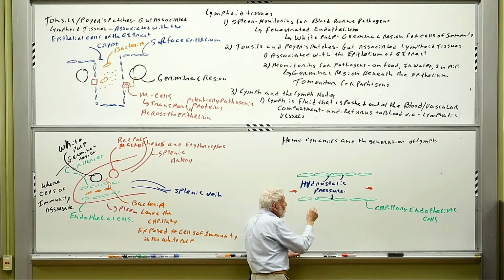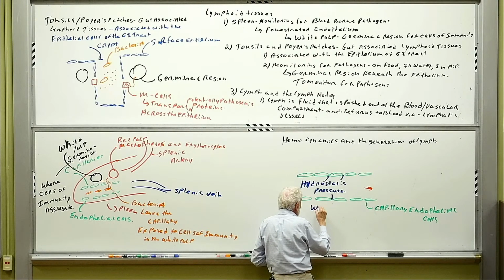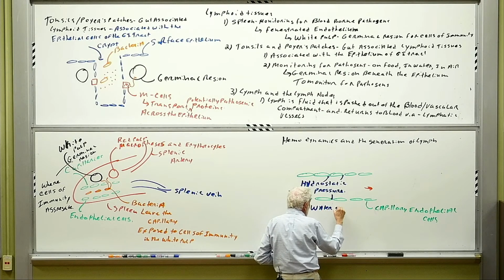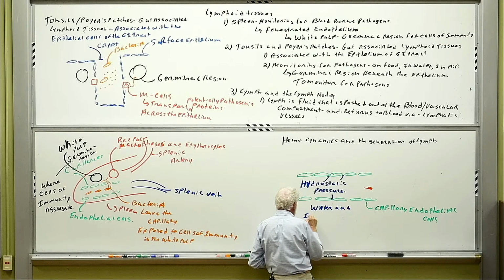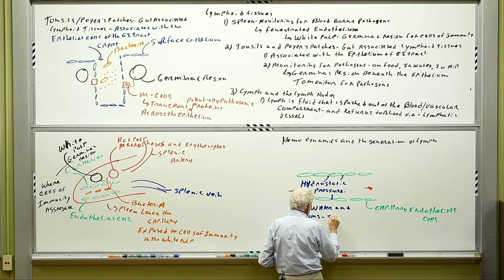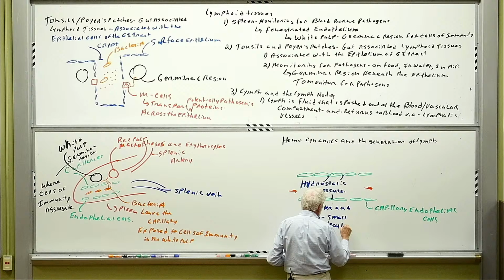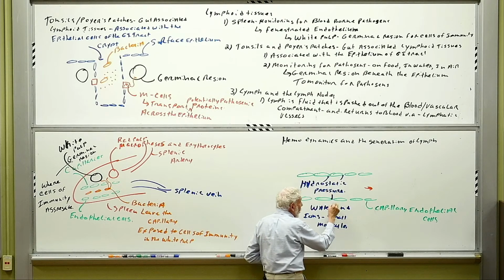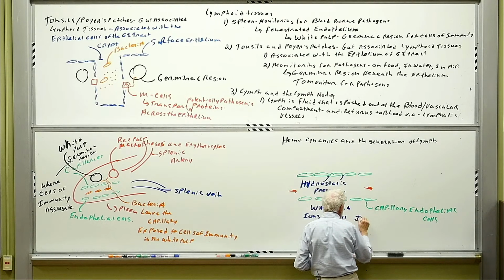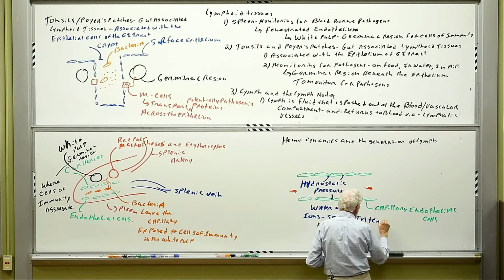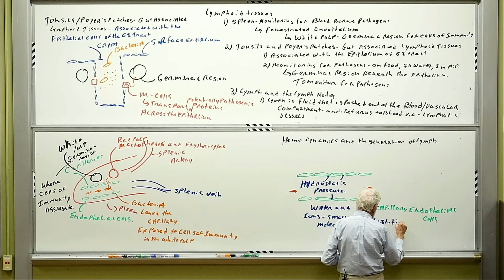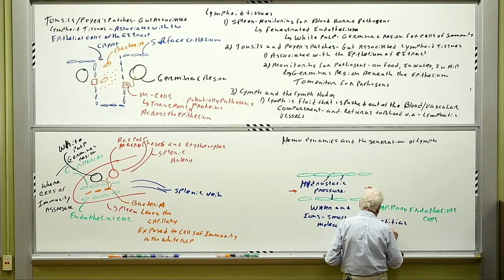That hydrostatic pressure is moving water and ions and small molecules out of the blood vascular compartment out into the so-called interstitial space.